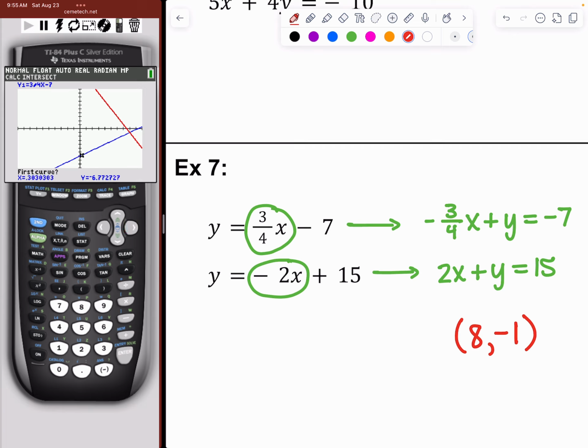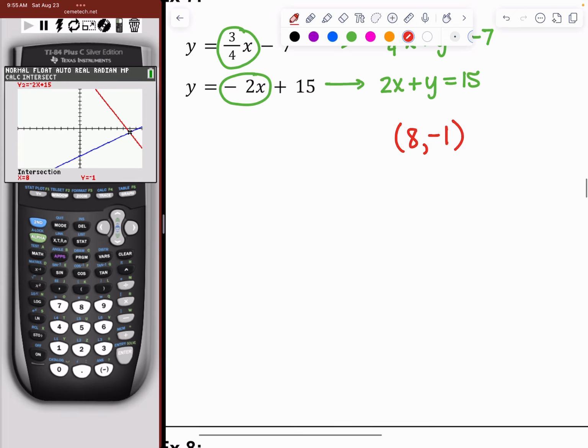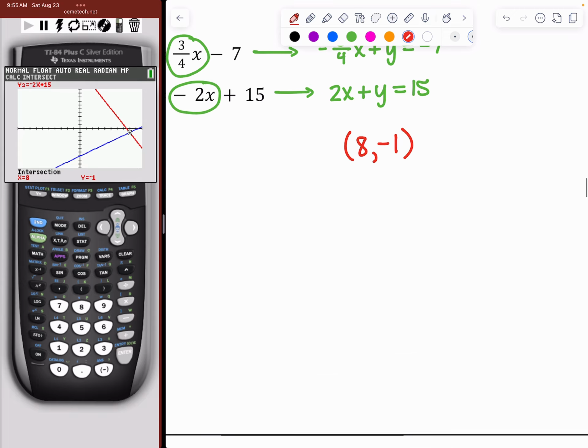I get as close as possible to the intersection, press enter 3 times, and I see the intersection is 8, negative 1. So that's how you can check it, or you can check it by plugging in.